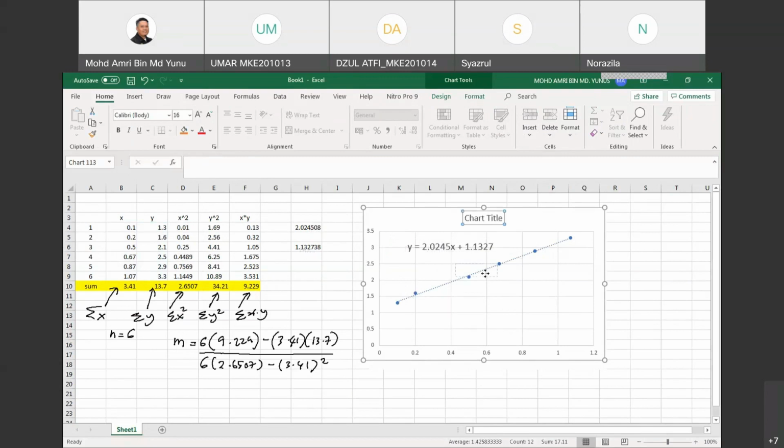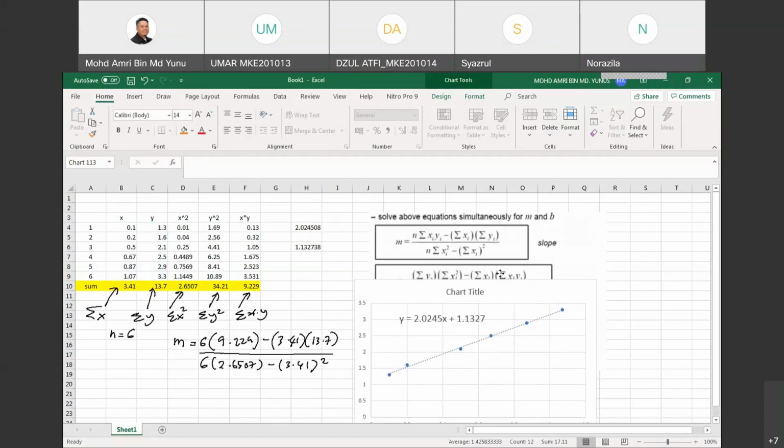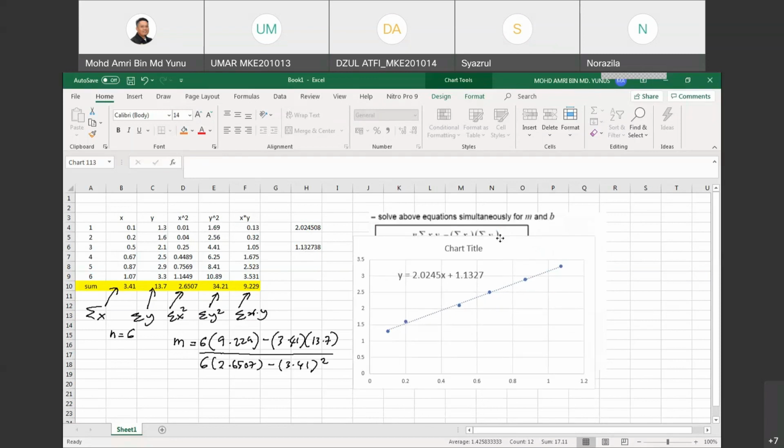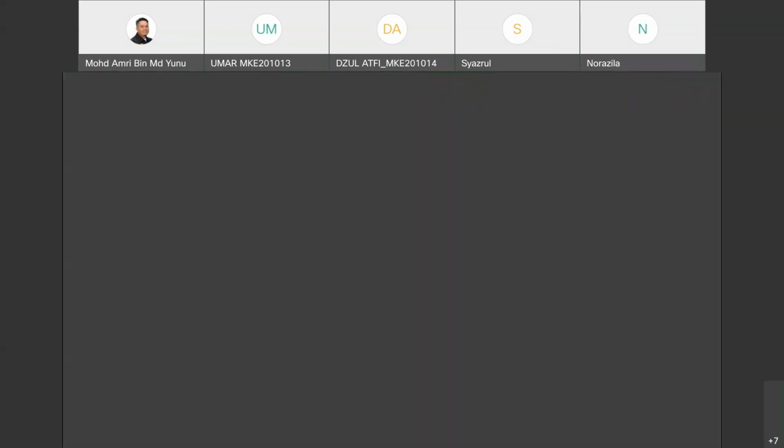Okay, so that verifies the equation of the linear least square method to determine the slope and the intercept. Okay. So I think let's cover that part.